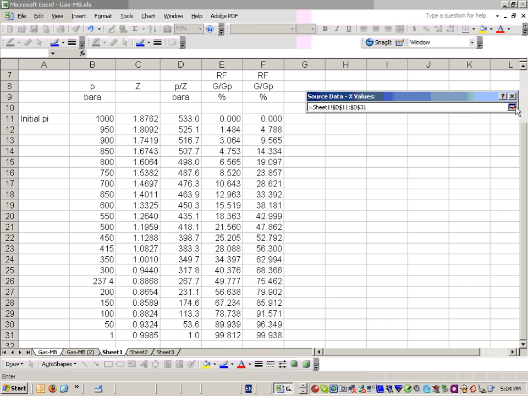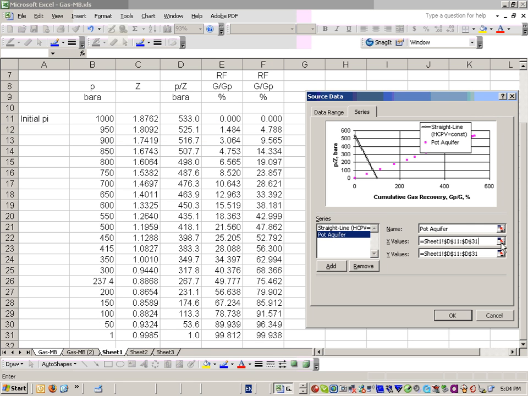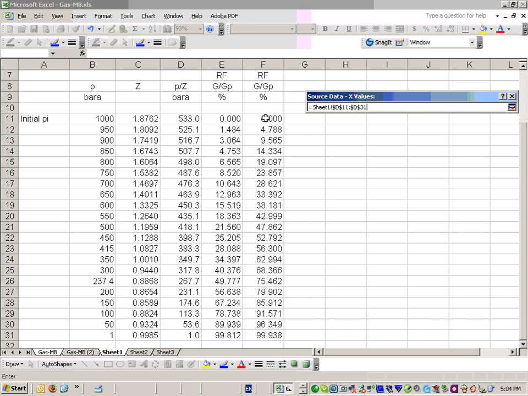We'll plot the same y-axis, but we'll change the x-axis to be this column.